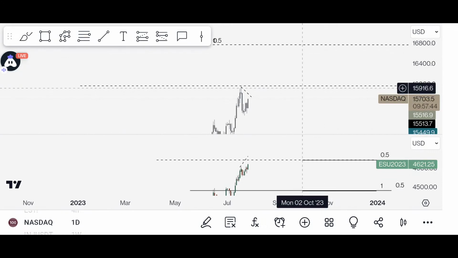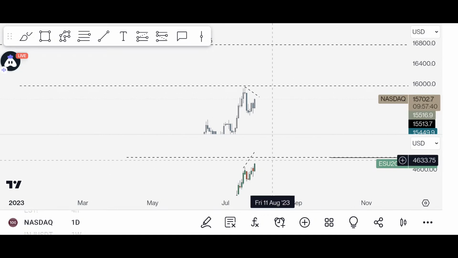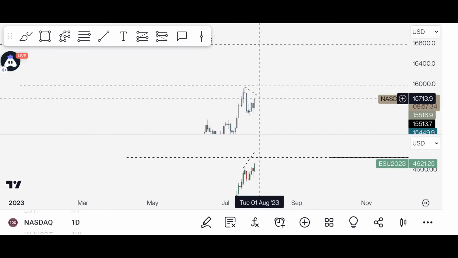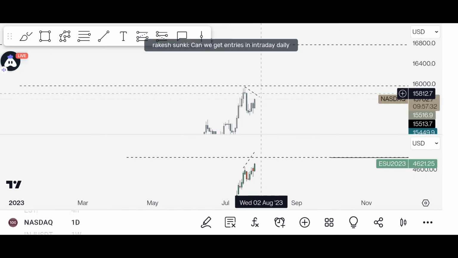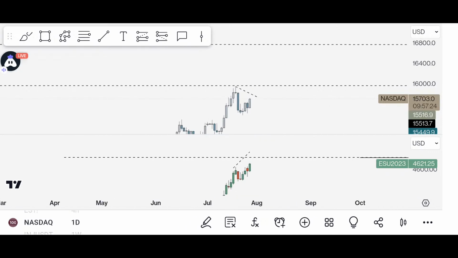Right now all you have to do is draw these levels, and watch for the sweep of this. The price will go up into the premium either in Nasdaq or in ES. Yeah, I'm waiting for entries, but waiting for this sweep.